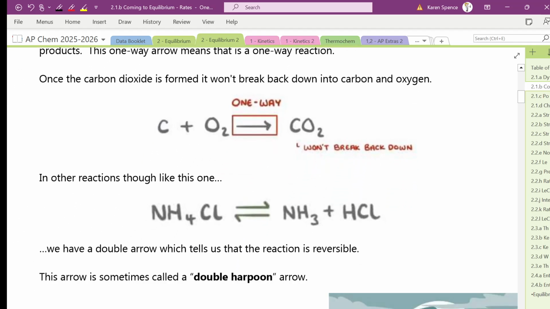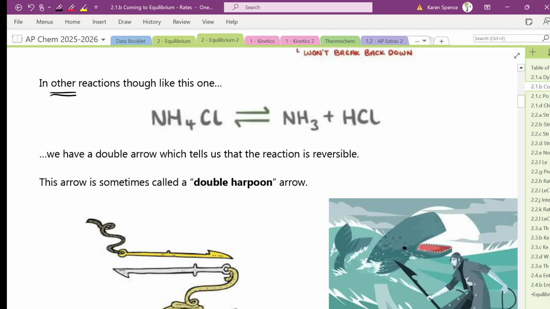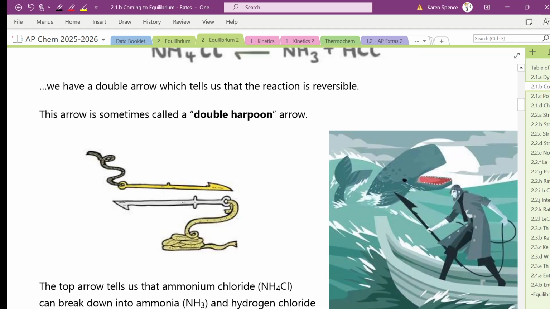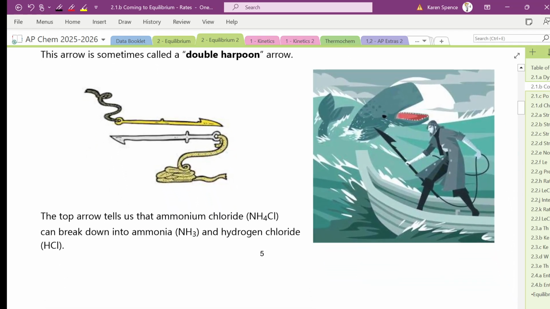In other reactions, we have a two-way arrow, which we show as a double harpoon. And if you're not sure what a harpoon is, it's one of those things that the whalers used to stick into whales to go and get them. Okay, so 2 harpoons. The top arrow represents the forward reaction, and the bottom arrow represents the reverse reaction.